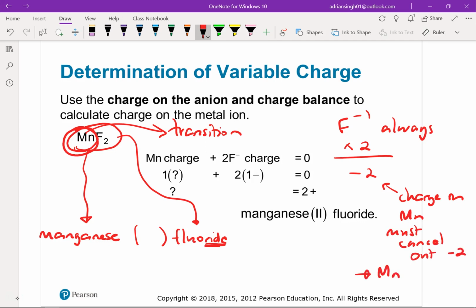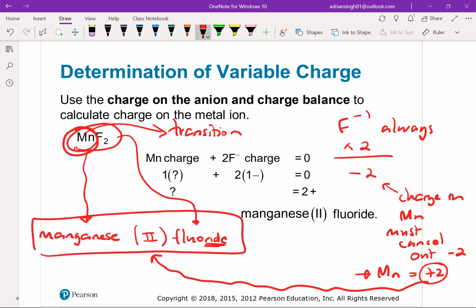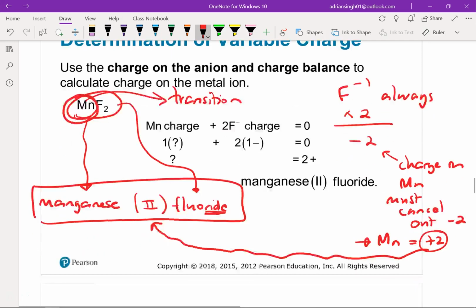So then the charge on the manganese has to be +2. Right, so we can determine the charge by doing a little bit of math, and then we can put the Roman numeral for 2 in our name, right? So that's manganese(II) fluoride.